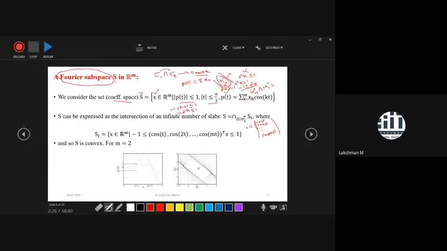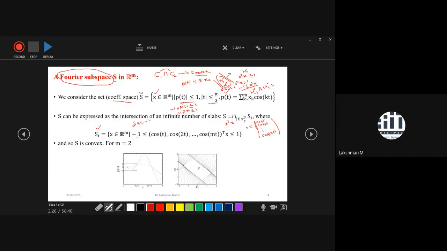It represents a slab between two hyperplanes. So S t is a slab between the hyperplane a transpose x equal to -1 and a transpose x equal to +1. S t is a slab.